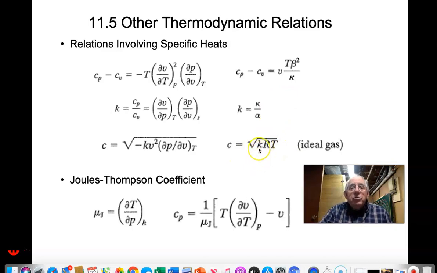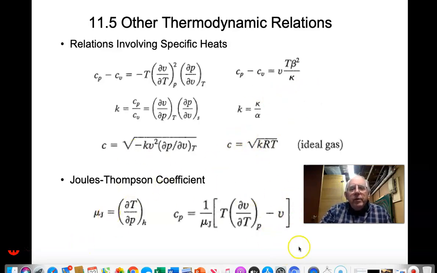It also shows that the ratio of specific heats has an effect on the speed of sound. If we have air, which has a K equal to 1.4, we see that it has a certain speed of sound. And if we have a very large molecule that may have a C sub P over C sub V, or a K close to 1, we see it has a reduced value of the speed of sound.